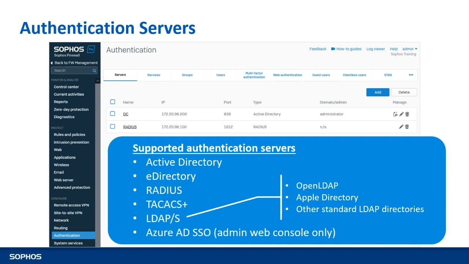Using LDAP or LDAPS, the firewall can authenticate using OpenLDAP, Apple Directory, or any other standard LDAP directory. The firewall can be configured to authenticate administrators to the web console using Azure AD SSO, and you cannot currently use this to authenticate users with the firewall.